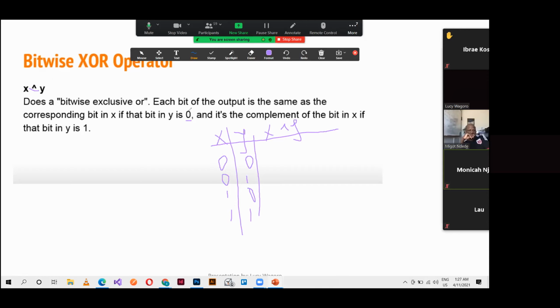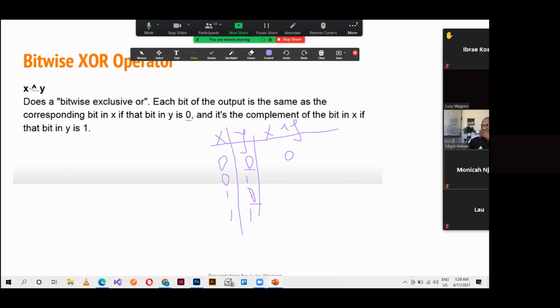So we are looking for where the bit in Y is a 0. Here the bit is a 0, here the bit is a 0. And we are being told that every time the bit in Y is a 0, the answer is the corresponding bit in X. So if we have Y as a 0, then X exclusive or Y will be the corresponding bit in X, which is a 0.